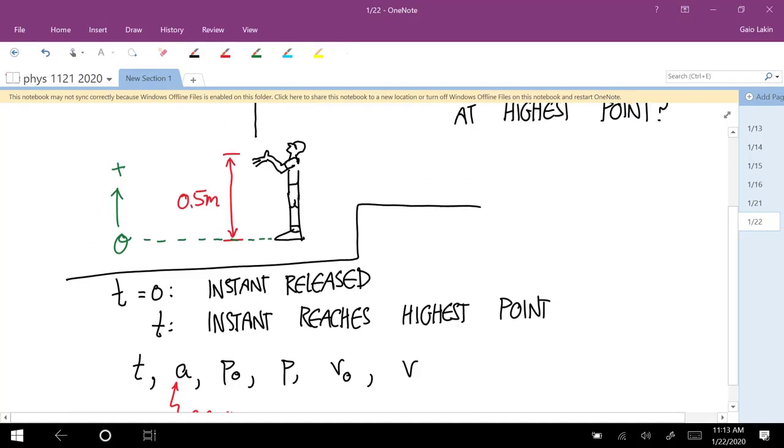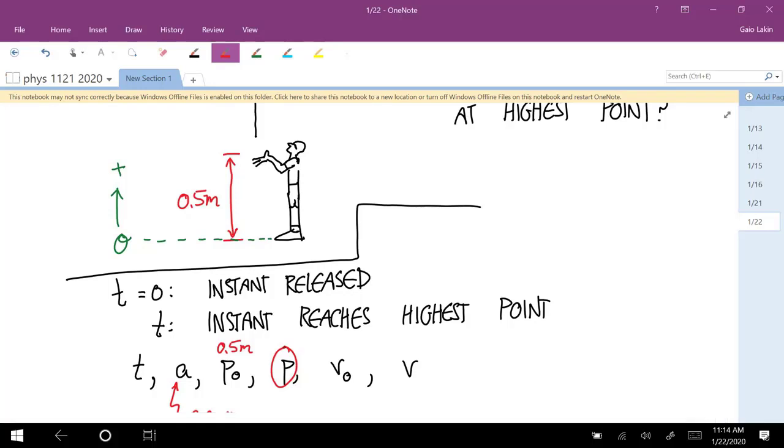Do we know the position when time is equal to 0? Yep, and it's positive 0.5 because it's on the positive side of 0. So this is 0.5 meters. Do we know the position at time t? That's what we're trying to find. We don't know it. Do we know the velocity at time equals 0?